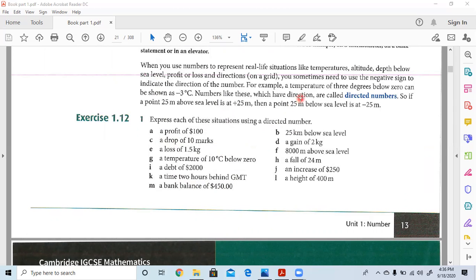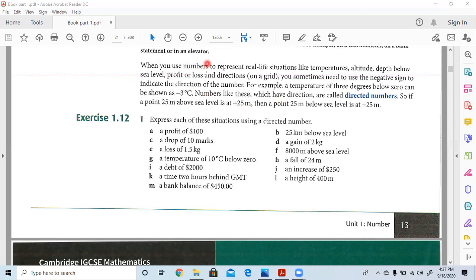Here he also tells us what a directed number is, because we just find the directed number. The temperature of 3 degrees below 0 can be shown as -3. The numbers like these which have a direction are called directed numbers. The point 25 meters above the sea is positive.